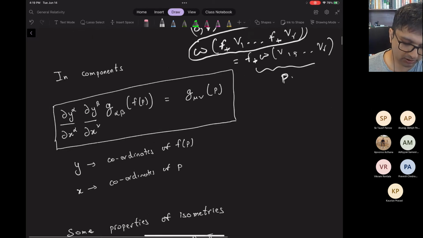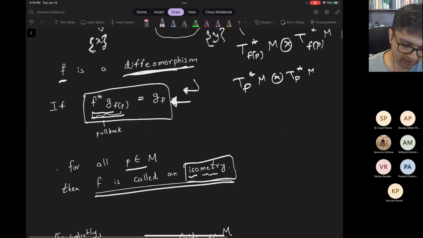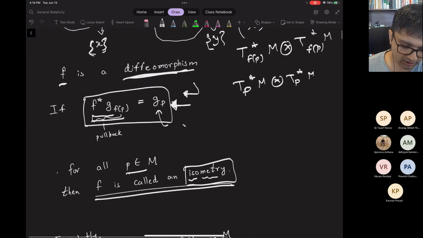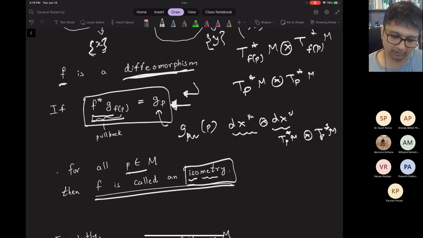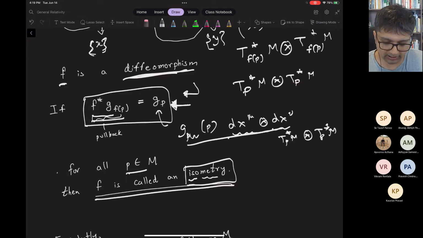In a particular coordinate system, the right hand side of this equation is just g mu nu of p, and if I write out the full metric using some basis components, it's dx mu dx nu, where these are dual basis vectors at p in this space.